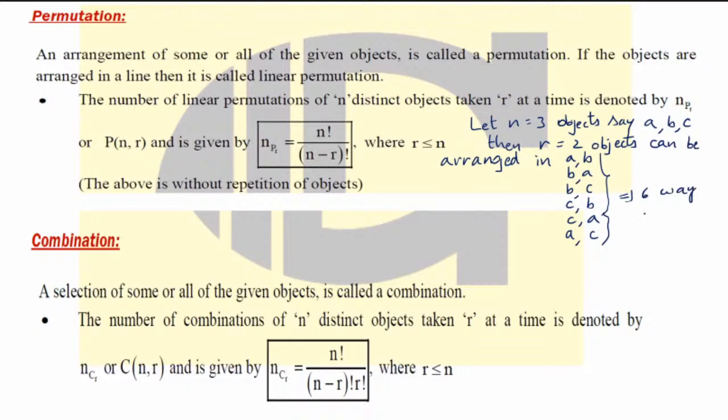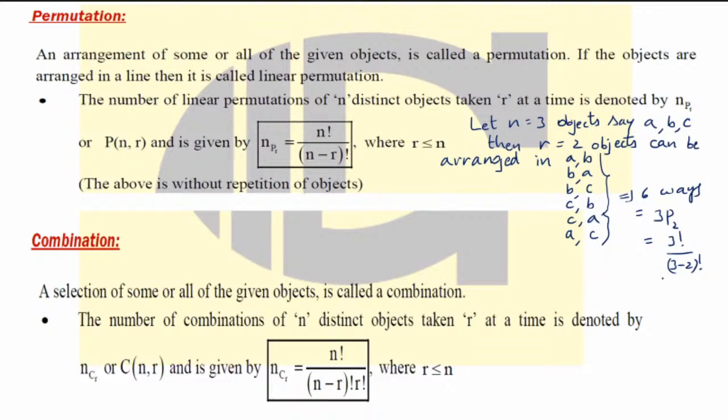These 6 ways, according to the formula, how much did I get? nPr: n stands for 3, r stands for 2, so 3P2. This 3P2 answer, according to my first rectangular box, is 3 factorial divided by (3 minus 2) factorial. 3 factorial means 3 into 2 into 1. 2 factorial means 2 into 1.